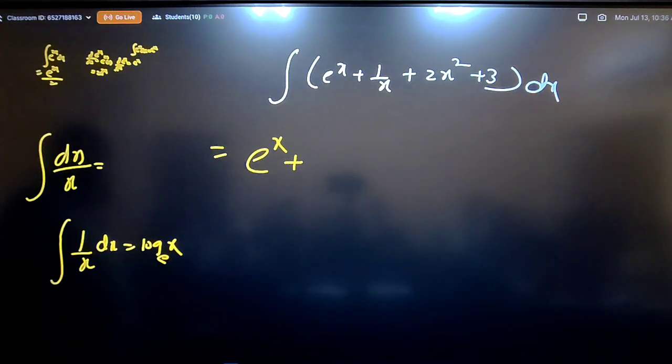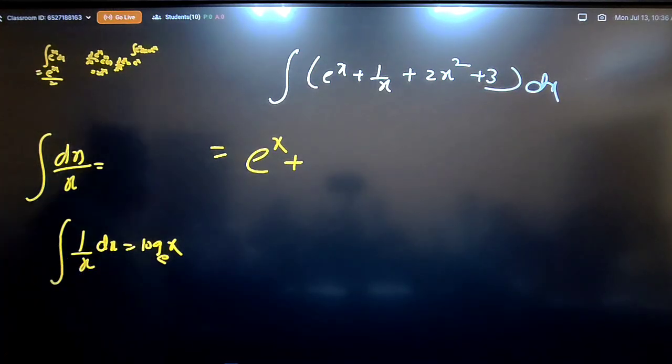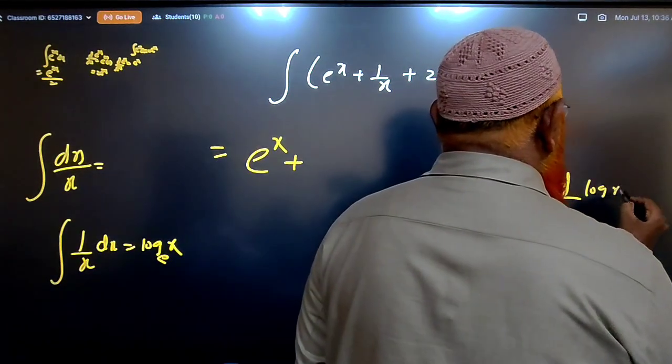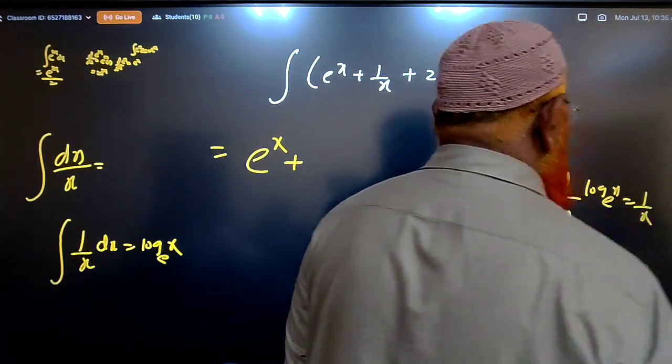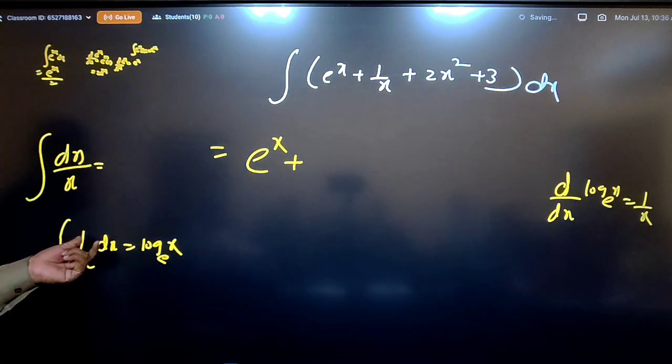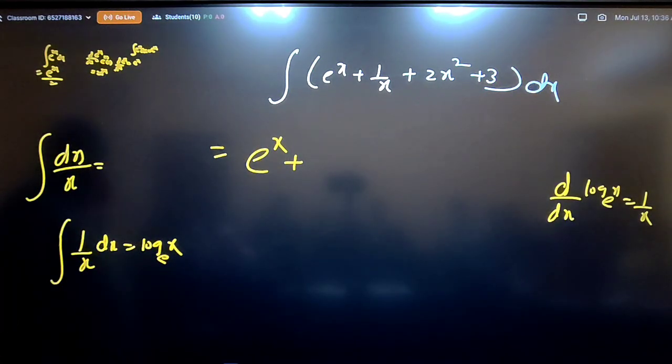Hope you understood what I am saying now? So what we have done here, differentiation of log x base e, I have written as 1 by x. Reverse. So integration of dx by x is going to be log x base e. Understood what I am saying now?